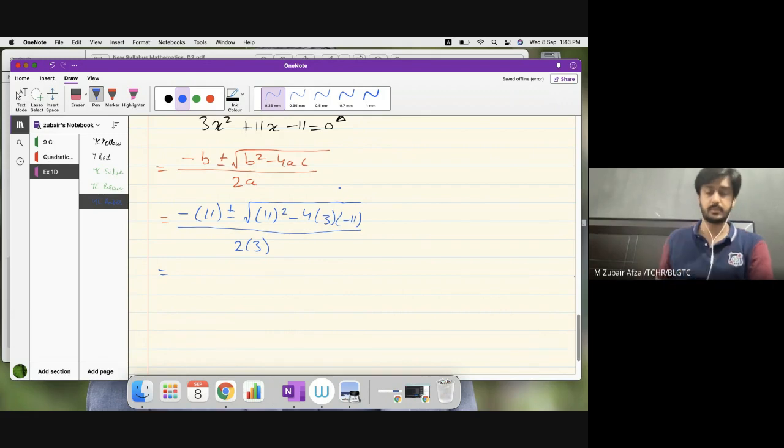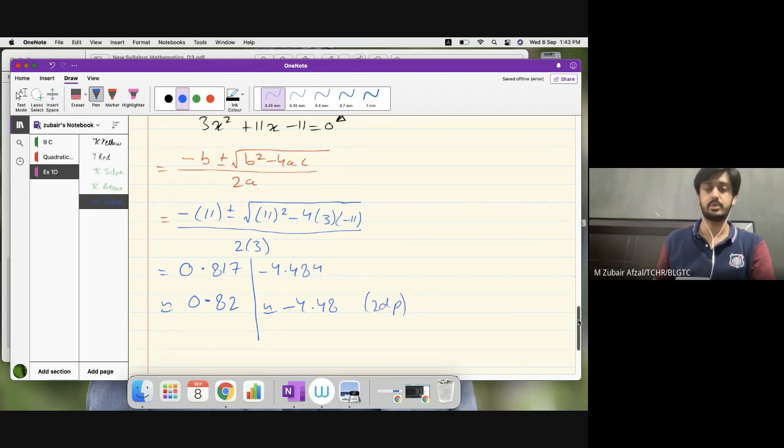So with the positive sign, I'm getting 0.817, up to 2 decimal places, that is 0.82. And with the negative sign, I've already written it, just replacing the sign, it gives me negative 4.484, and up to 2 decimal places it is negative 4.48.